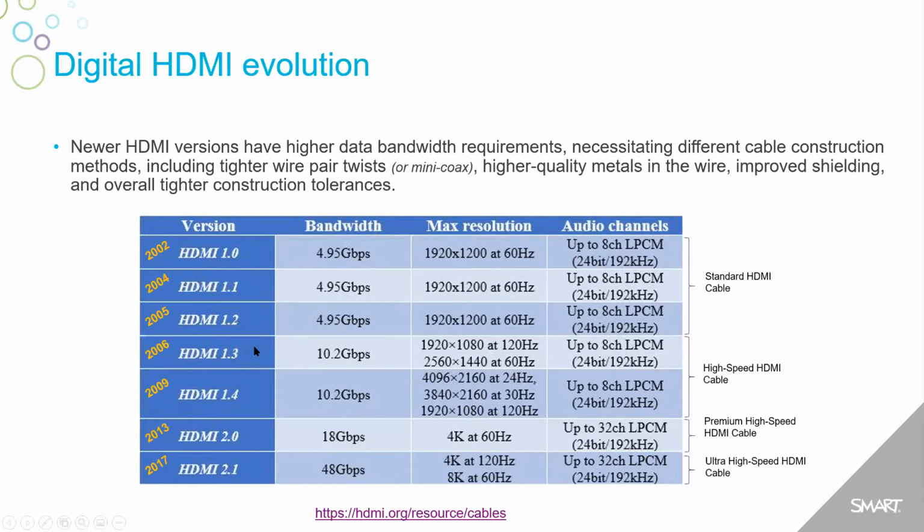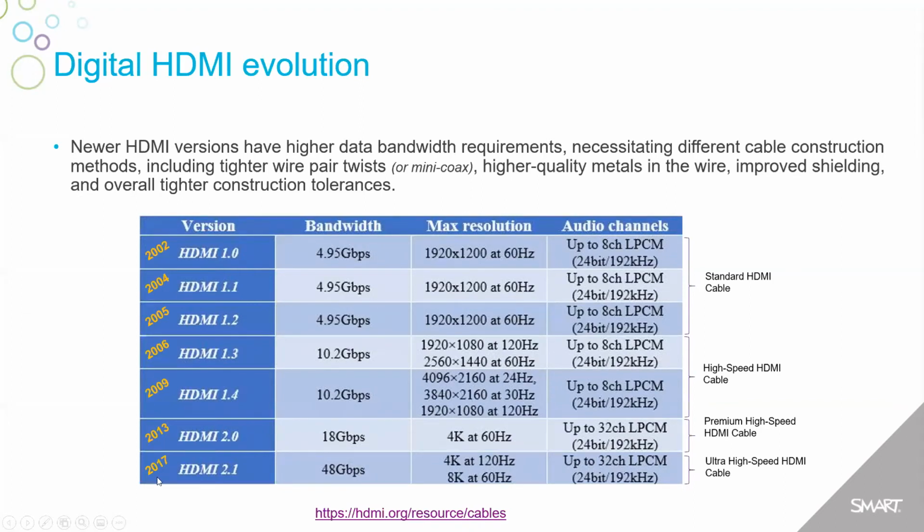But for our purposes, we're looking at the bandwidth the cable can handle. A standard HDMI cable is good for about 5 gigabits per second of data transfer. High-speed HDMI cables are good for about 10 gigabits per second. Today, with HDMI 2.0 and 2.1, there are premium high-speed and ultra high-speed cables, which are rated for 18 gigabits per second or 48 gigabits per second.